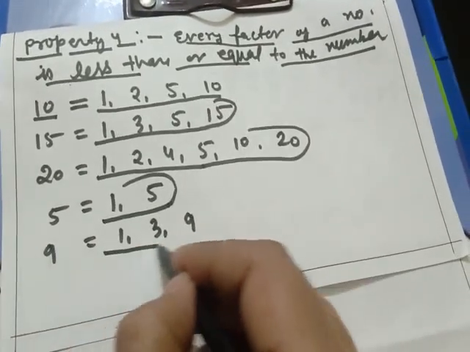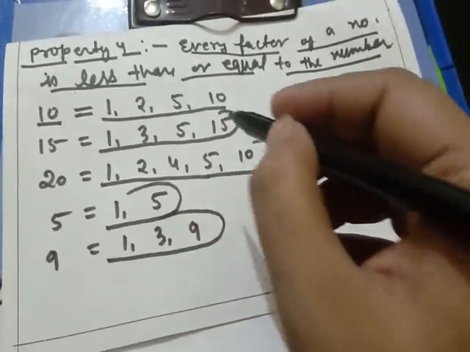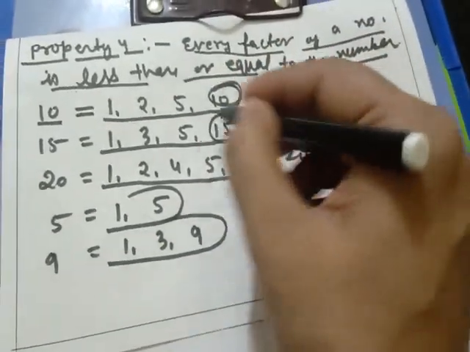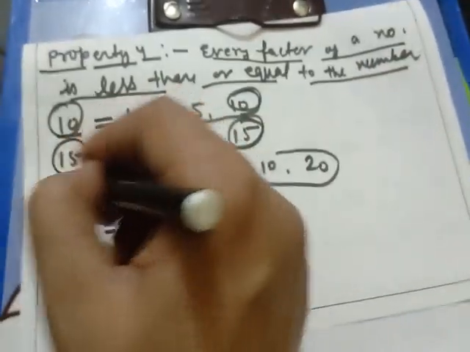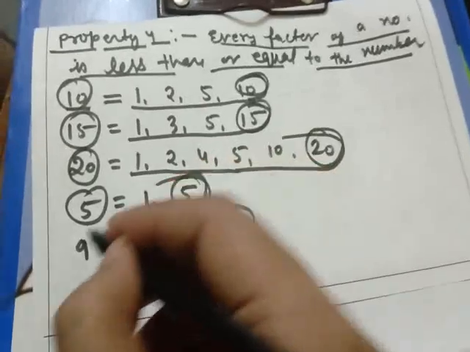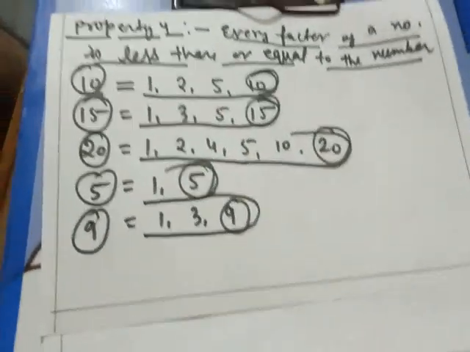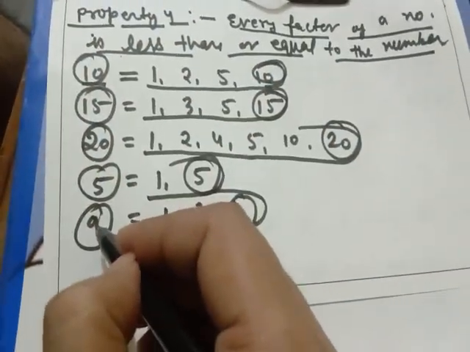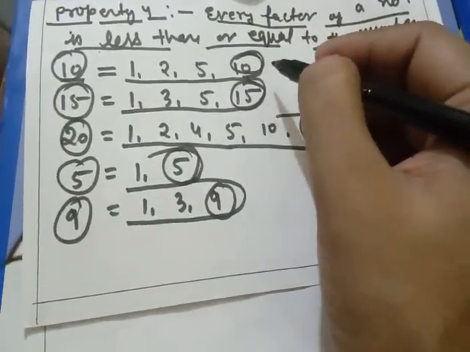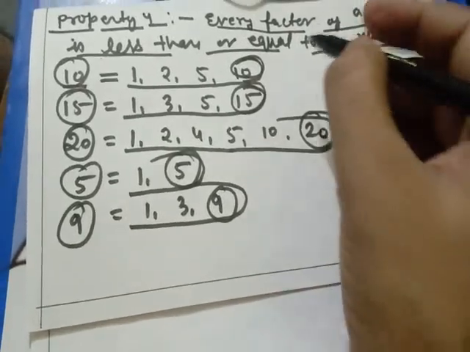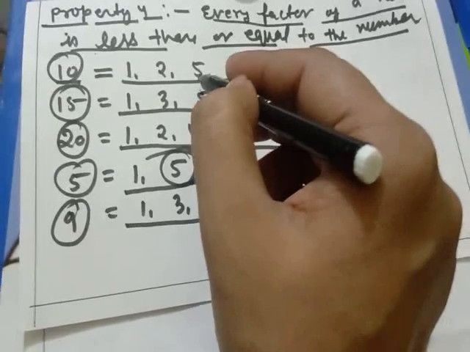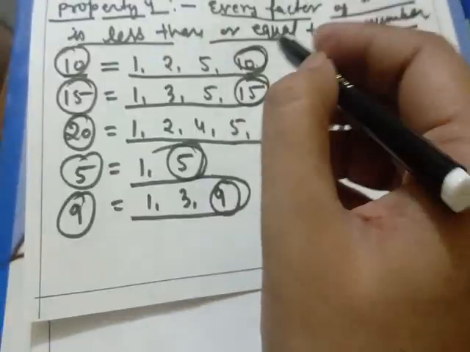All the factors of 9 are at most 9. You can see no factor is greater than the given number. So whatever number we have given, the factors will not go greater than the given number. The greatest factor is equal to the given number. Other factors are less than the given number.